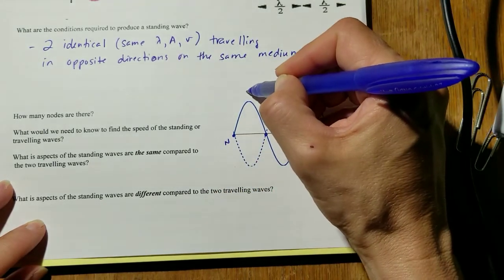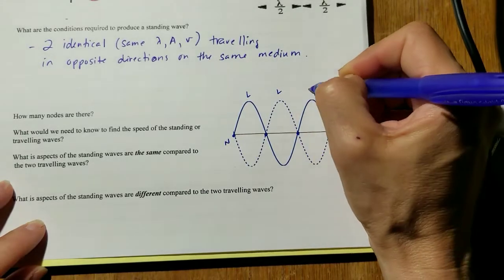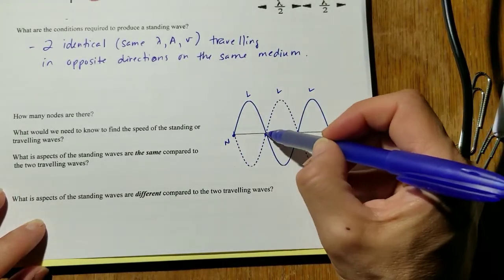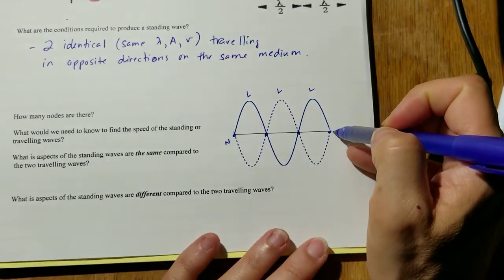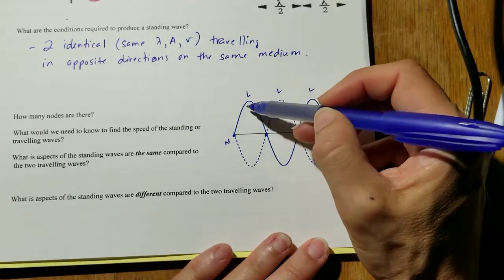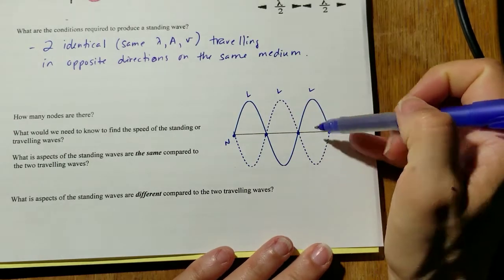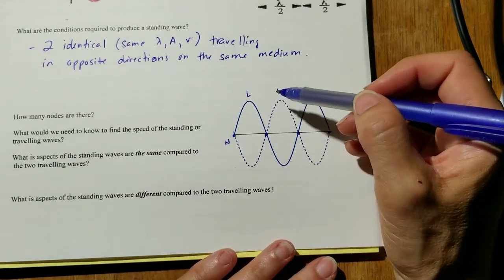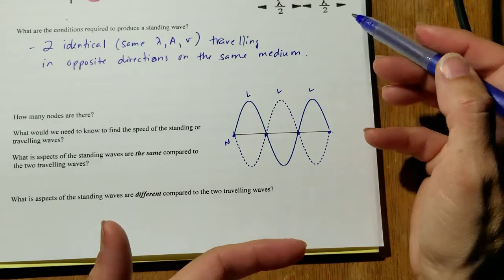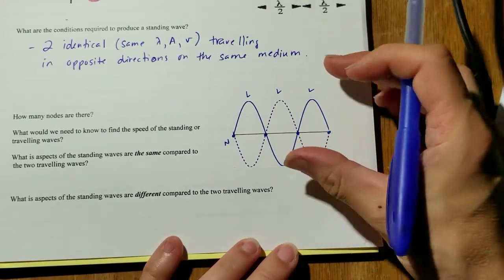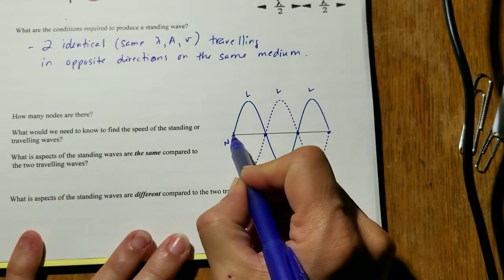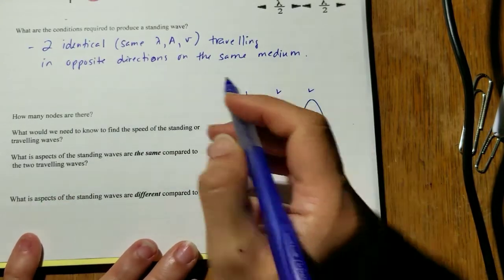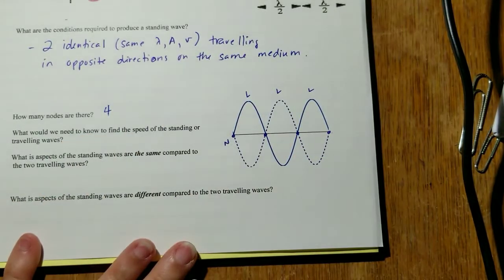Here's the antinodes or loops. This is the flip-floppy. This is the 0 point where there's no amplitude ever. And so we draw the two instances of maximum, because if we didn't draw that, it would look like a traveling wave. We want it to look like a standing wave. So how many nodes are there? 1, 2, 3, 4. There's 4 nodes in this picture.